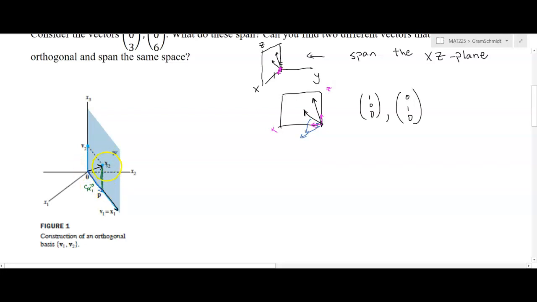And now I can write an equation because I really want this vector, which notice is still inside of that plane, but it would be perpendicular to x1. So what I'm going to do is write this as an expression. I see that this here is x2, and this vector right here is some vector z.